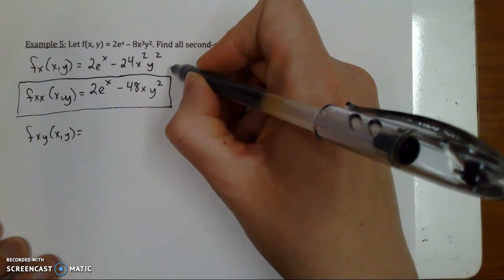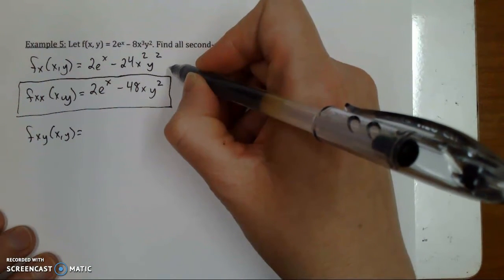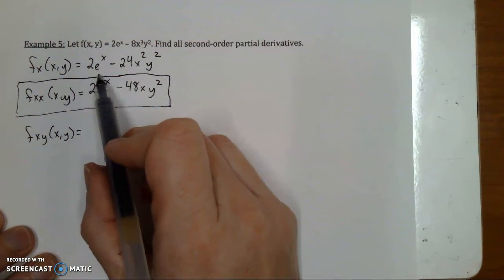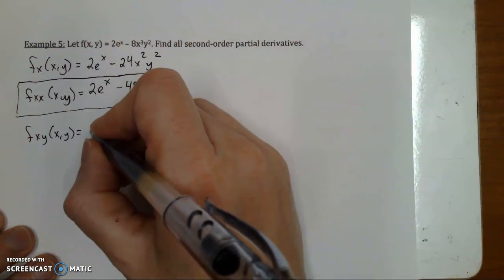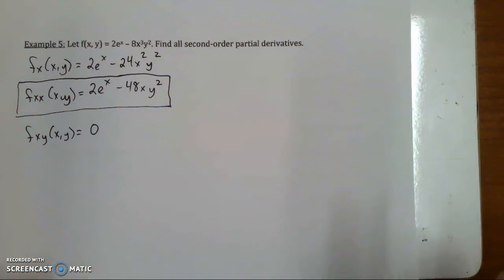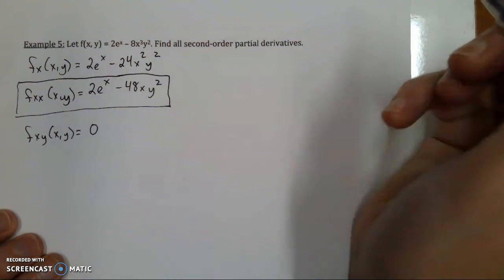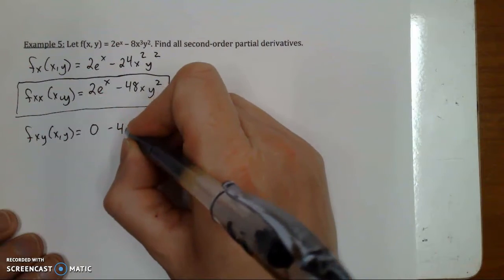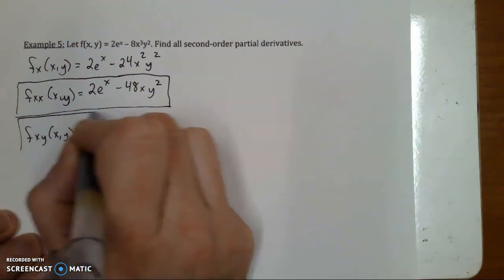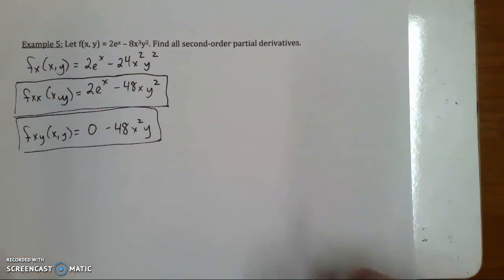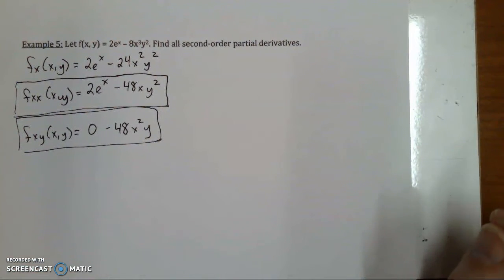So again, I'm starting here, but now my variable is y. Well, that first term, there's no y in that. So that is a constant. It's a fairly messy constant, but it's a constant, so its derivative is 0. So again, y is my variable this time, so I got negative 48 x squared y for that second term. So there is my fxy.